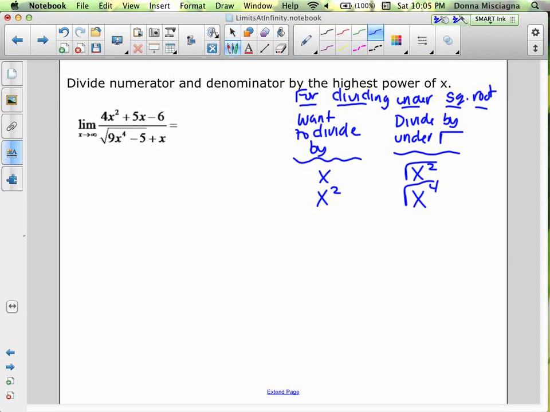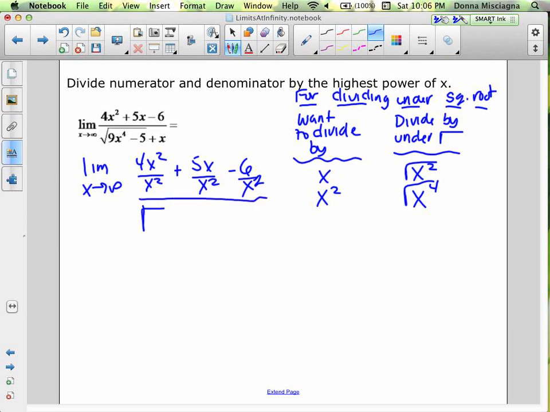So we have the limit as x approaches infinity of 4x squared divided by x squared, plus 5x divided by x squared, minus 6 divided by x squared, all divided by the square root of 9x to the fourth divided by x to the fourth. It's under the radical. I'll just make it bigger. And then minus 5 divided by x to the fourth. Now don't get confused, not under the radical. So x divided by x squared, because it's not under the radical.